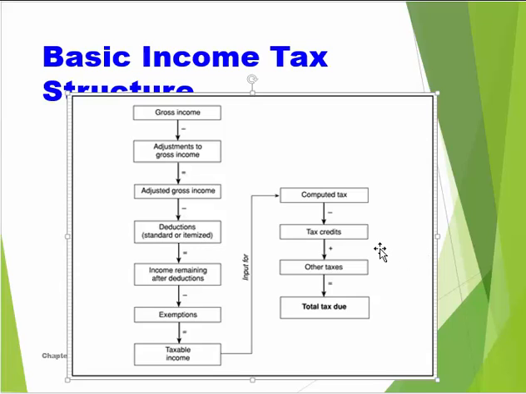In the end, you'd rather have a tax credit because it reduces taxes dollar for dollar. The itemized deduction only reduces taxes based on your marginal tax bracket. So in the end, we'll find out what your total tax due is.